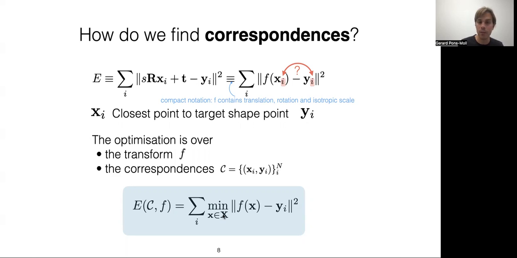If X is a list of points, this would be choosing the point in the list that makes this as small as possible for the optimal transformation. You can already see this is not so trivial because finding the right X depends on which F I have. So how are we going to solve this sort of chicken and egg problem?